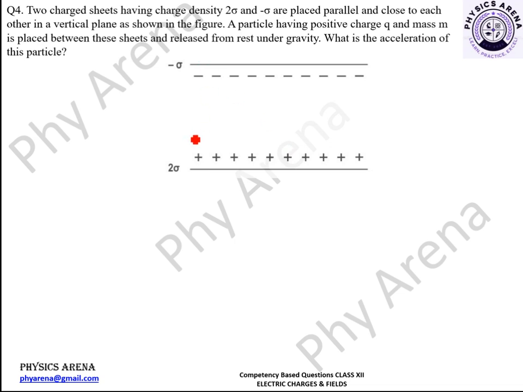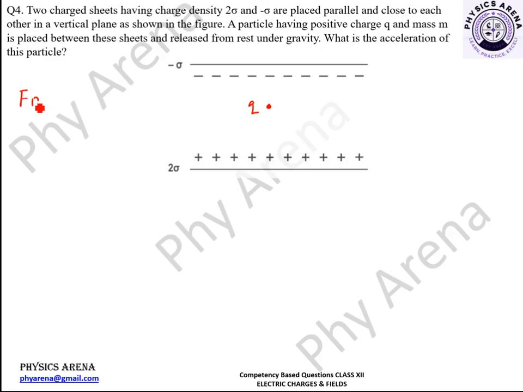So we have been given two charge sheets and there is a charge particle Q with mass m. It is placed somewhere over here and then it is released under the effect of gravity. So there will be two forces acting on this charge particle. First is due to gravity.